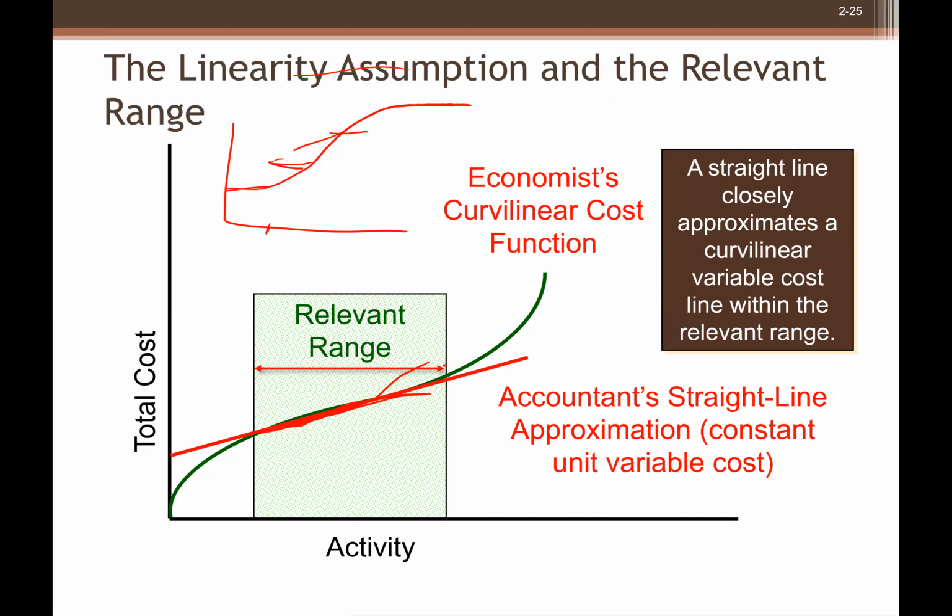We also see this in commercial electricity bills. If you use up to 400 units of electricity, you are charged 12 yuan per unit, right? If you use above 400, up to 500 units, we will charge you 20 yuan per unit.